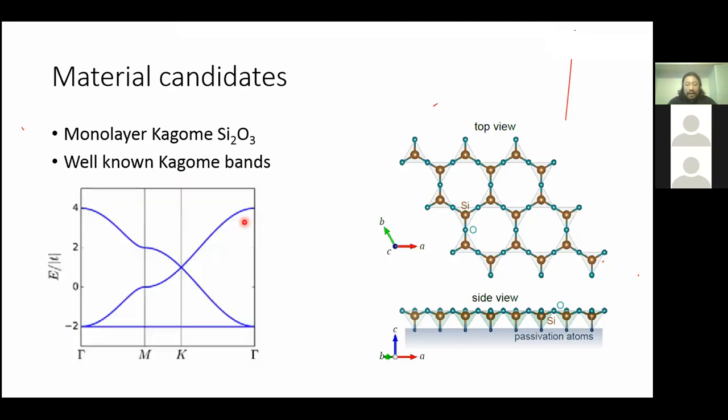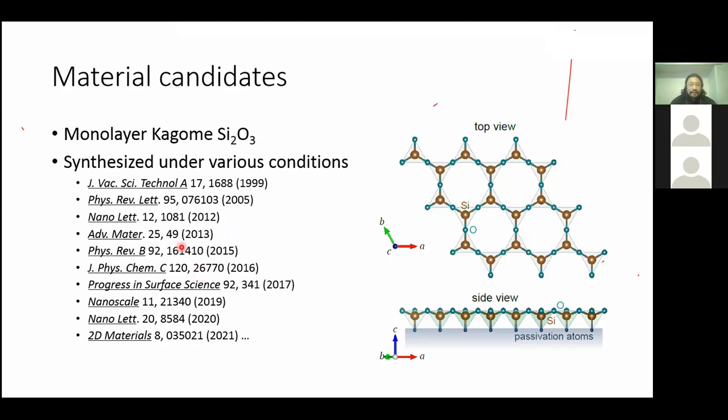The other thing is this Kagome lattice has the well-known Kagome bands. Basically, you have 2 bands crossing with each other to form a Dirac cone, and also a flat band that caps this Dirac cone at the bottom or on top of it. And we know the physics of the Kagome lattice because there are a lot of 2D models for this. So basically, we can use these systems to study the Kagome bands, which is automatically satisfied.